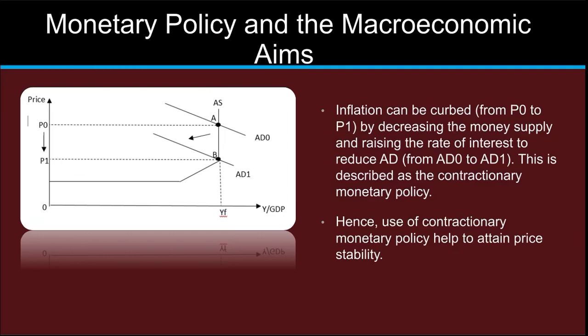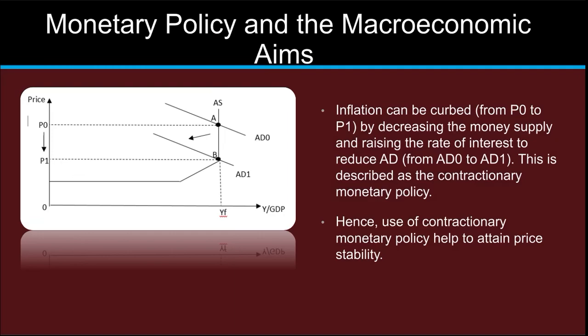If the government increases the rate of interest and decreases the money supply, this reduces aggregate demand. Therefore, the aggregate demand curve will shift to the left from AD0 to AD1. The initial equilibrium is at point A, where AD0 cuts the aggregate supply AS. The price level is at P0, which is quite high.